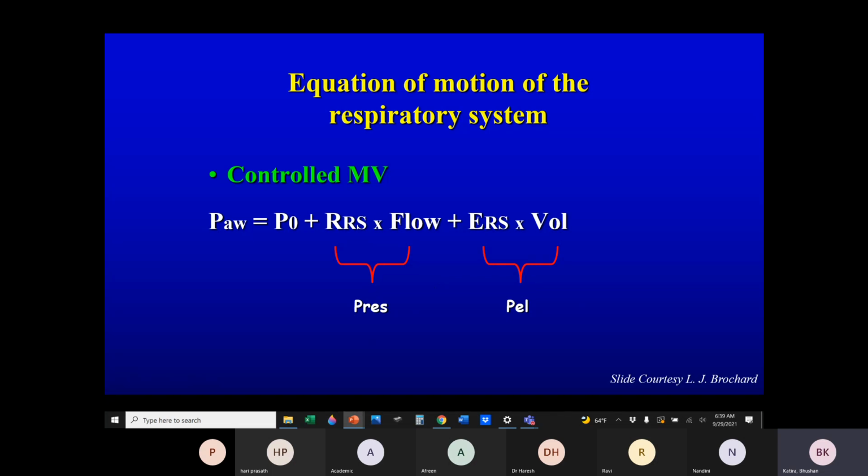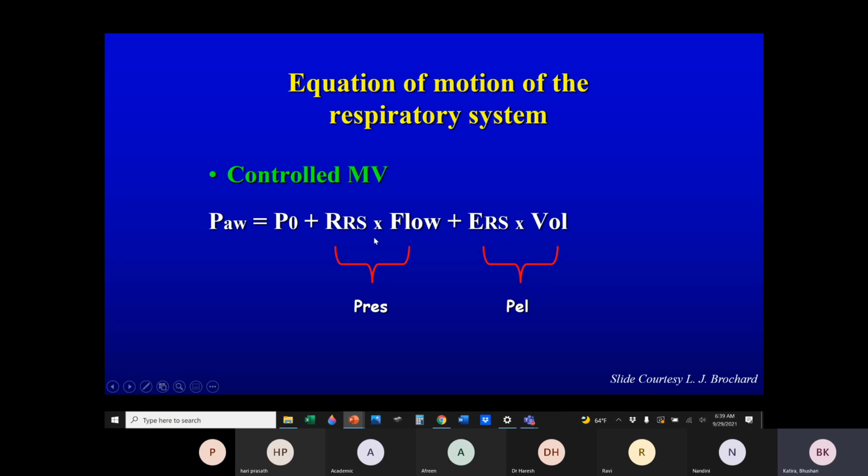The pressure that the ventilator needs to travel the gas from the endotracheal tube through the airways is the resistive pressure, the pressure required to overcome airway resistance. Now this pressure is determined by two things.